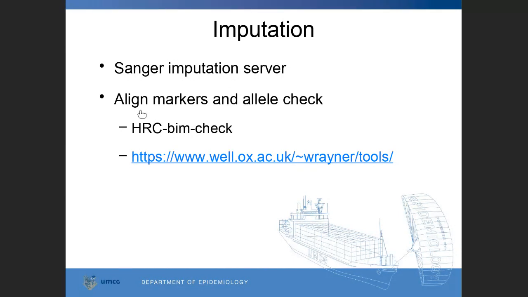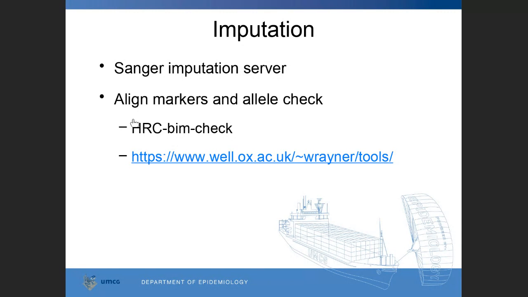And because of this imputation, the Sanger imputation server likes the SNPs to be aligned to the positive strands, and to make sure that this is the case, there is a tool by the McCarthy lab called HRC BIM check, which checks if your markers are aligned correctly and if the alleles are correct.